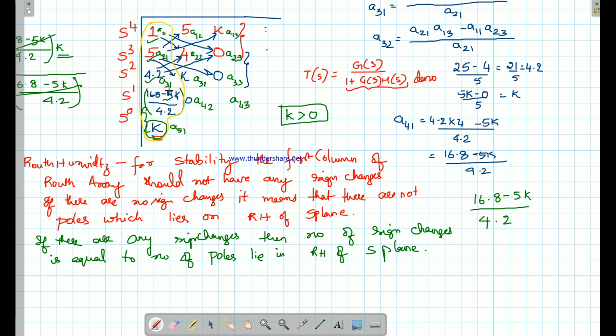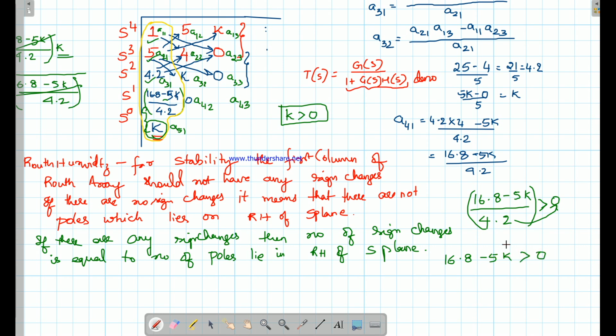So this should also be greater than 0. If this overall value should be positive, then it should be greater than 0 only, right? Now if you multiply 4.2 with 0, you get the condition 16.8 minus 5k should be greater than 0.